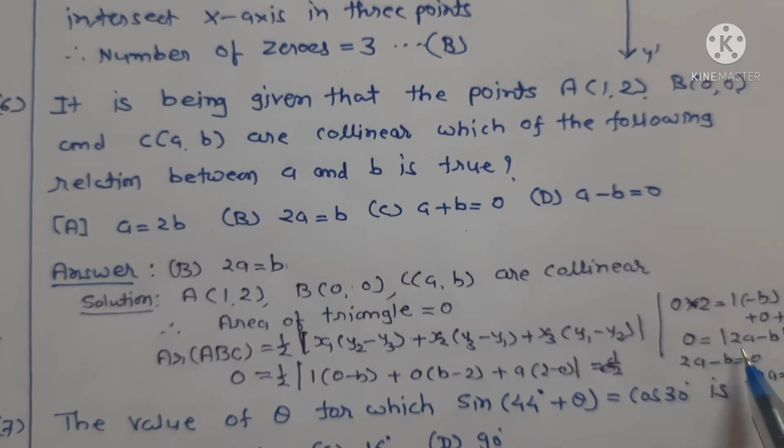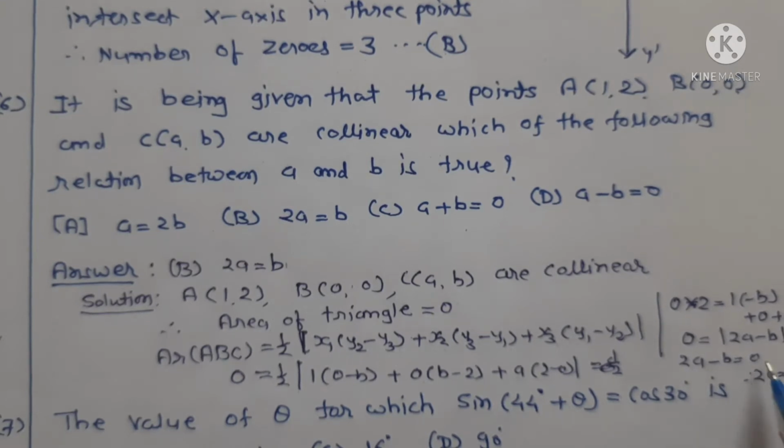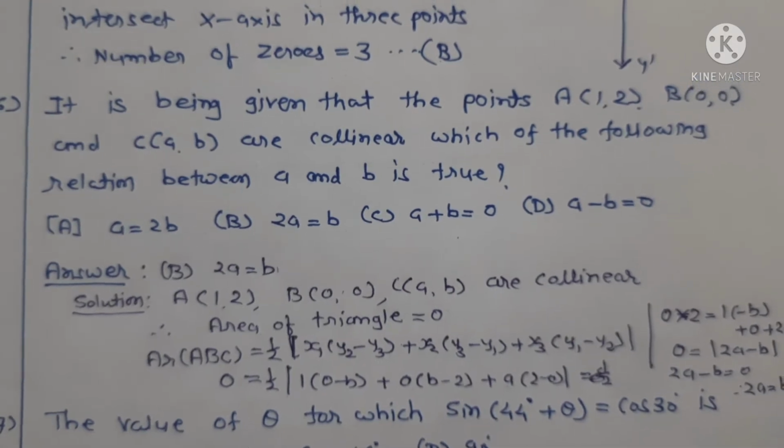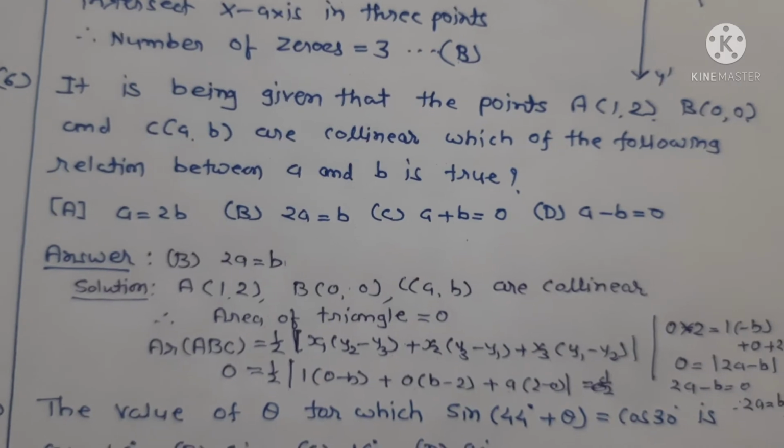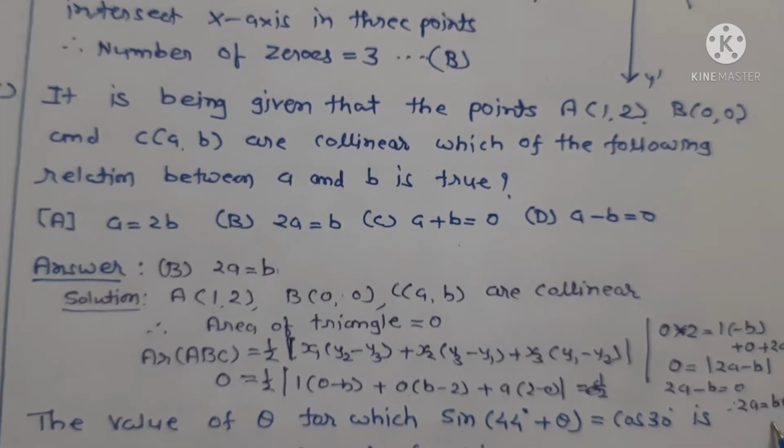Therefore 0 equal to mod of 2a minus b. Therefore 2a minus b equal to 0. Therefore 2a equal to b, means option B is answer. Which is the answer? Option B is answer.